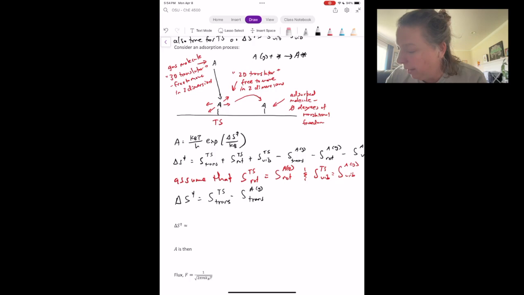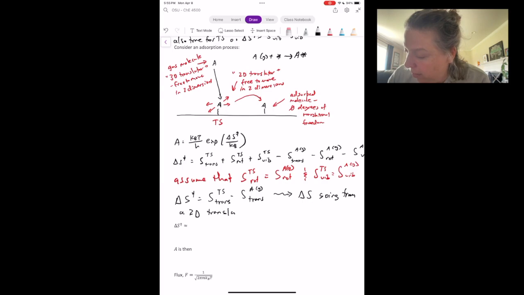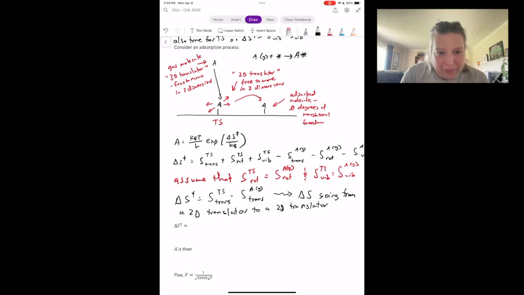And so basically what I have here is the change in entropy going from a 3D translator to a 2D translator. And that's probably what I was supposed to write down here.